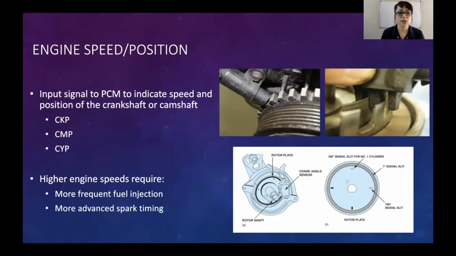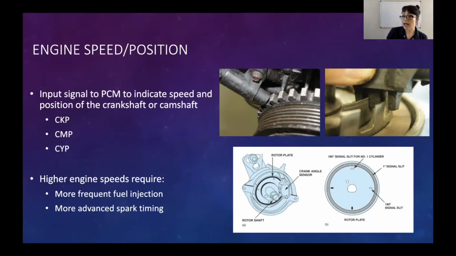CKP was crankshaft, CYP would be cylinder position. Some engines have camshaft position sensors, but not all. This input signal is to indicate the speed and position of the crankshaft. So in the last presentation, we talked a little bit about our crankshaft position sensor being a triggering device. It's still a triggering device.